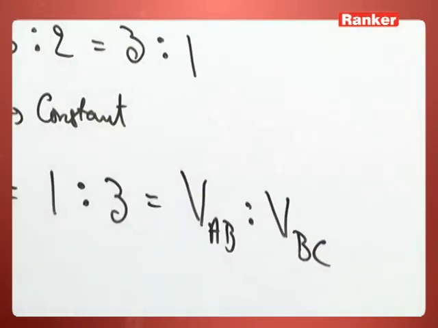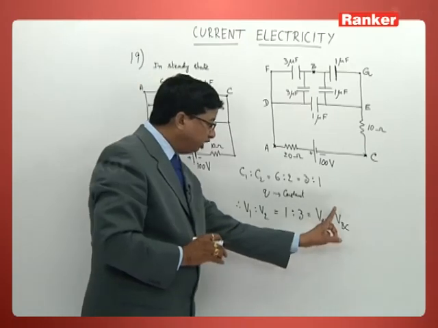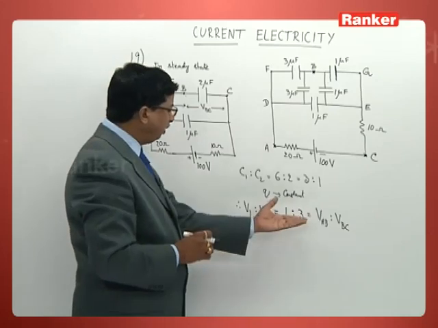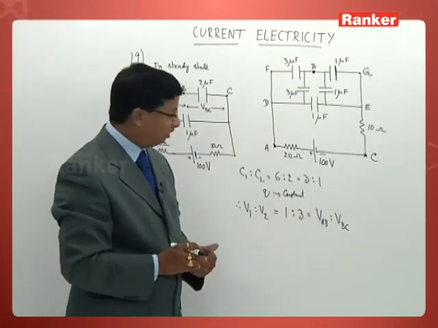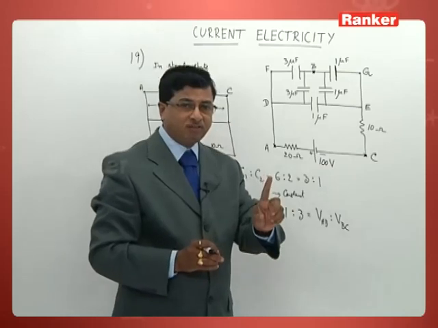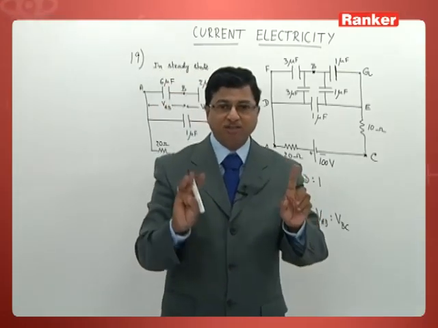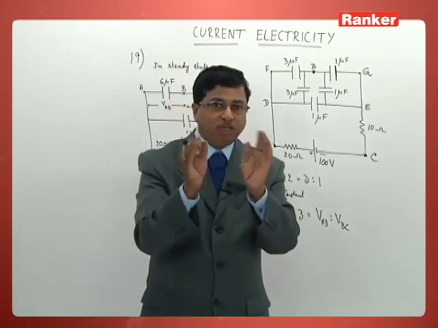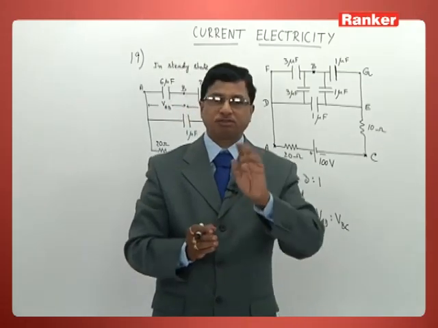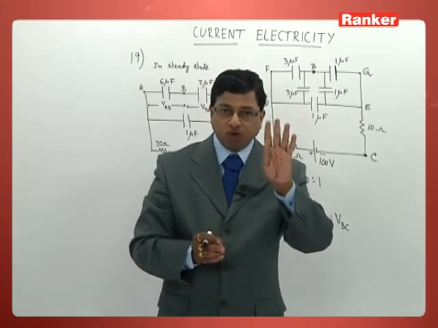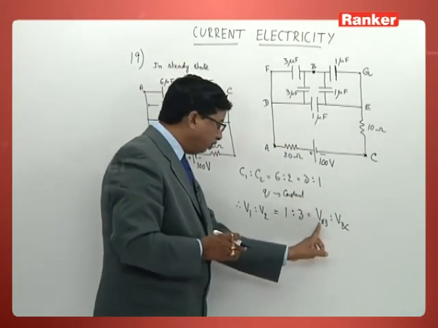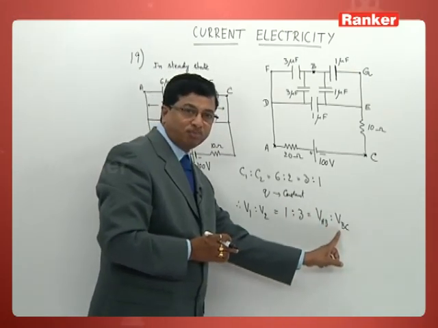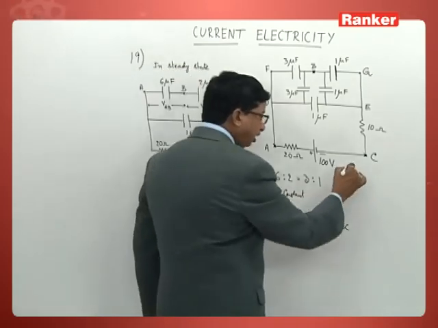VBC. So VAB is to VBC is equal to 1:3. Now every one of you can understand directly. 1:3 means one part and three parts separately. So put together, how many parts as a whole? 4 parts. Out of 4 parts, 1 part I should give to AB and 3 parts I should give to BC.